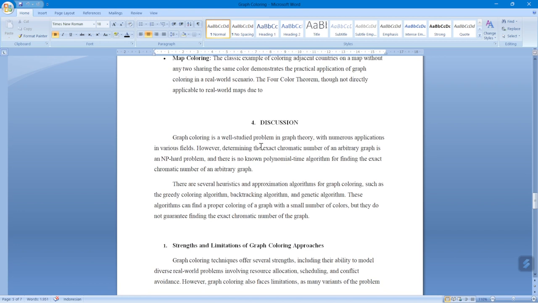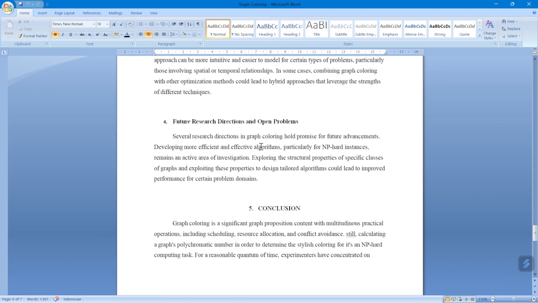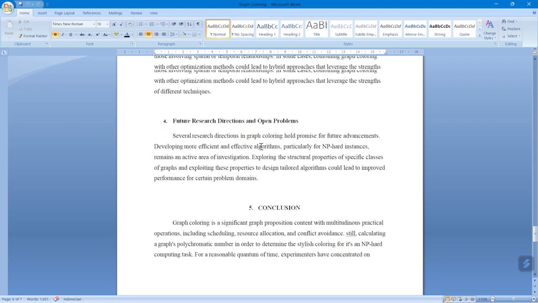Future research directions and open problems: focus on developing more efficient and effective algorithms, especially for NP-hard tasks. Exploration of structural properties of certain classes of graphs and exploitation of these properties to design specialized algorithms can improve performance for certain problem domains.